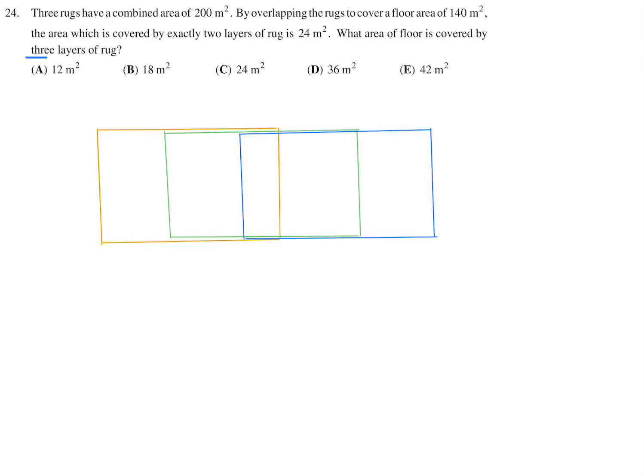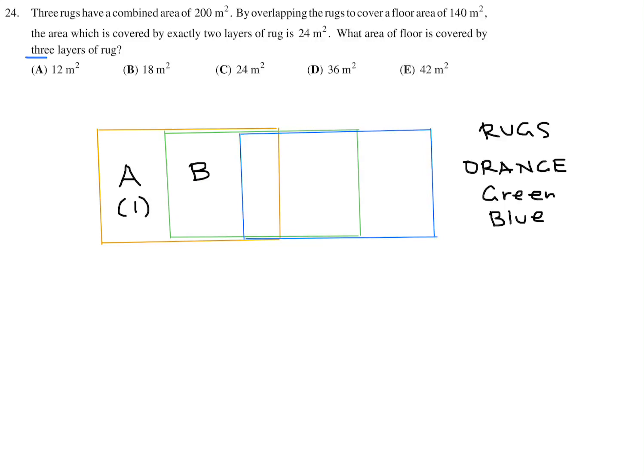Okay, I've drawn 3 rugs. I've got an orange rug, and I've got a green rug, and I've got a blue rug to represent the 3 rugs. All right? And let's see here. This part I'm going to call A, and you'll notice that that part of the floor is only covered by 1 rug, namely the orange rug, so I'll put 1 in brackets.